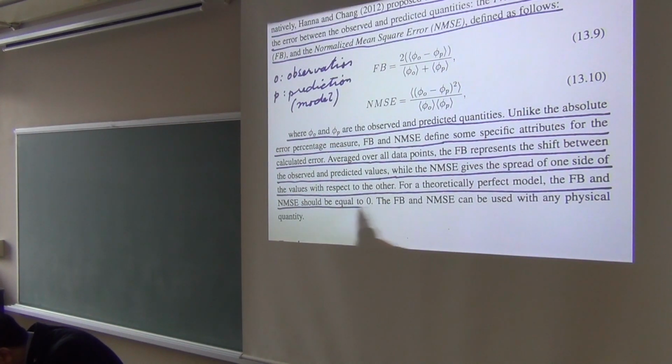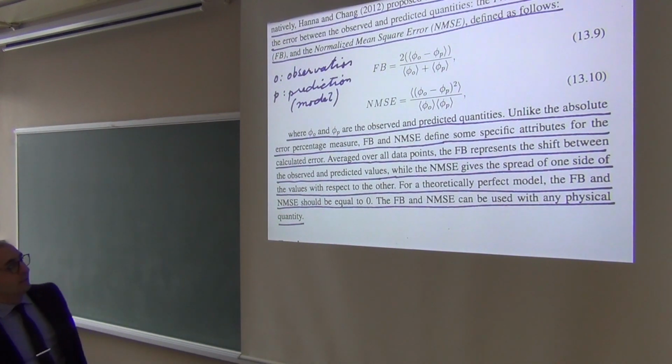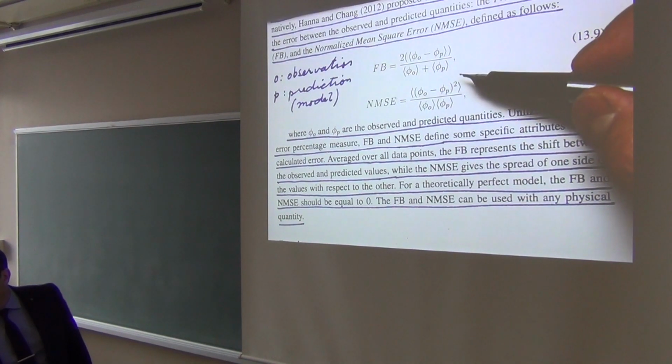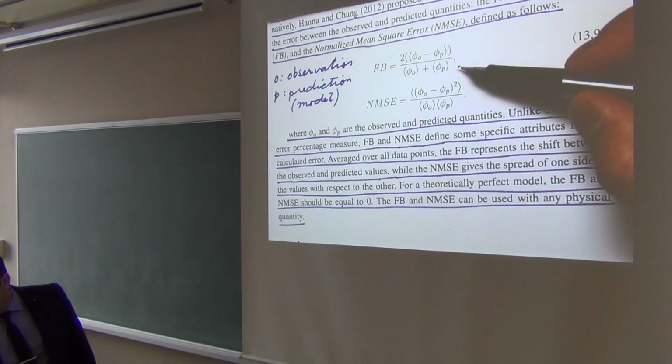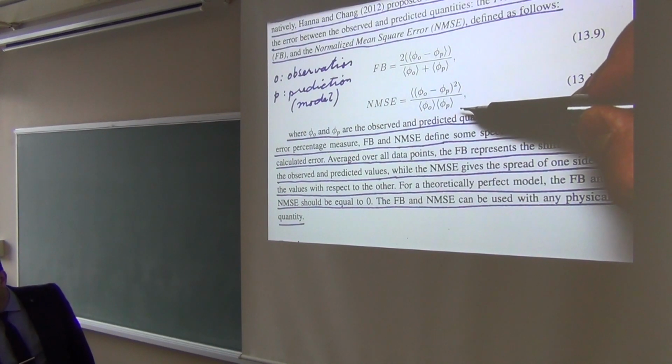For a perfect model, both of them should be 0, but it's never the case. Okay? So bias shows you what's the shift between the model and the data. NMSE shows what's the spread or scatter.